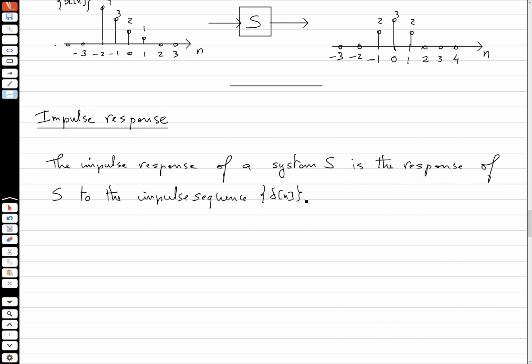You understand it better? What does it mean to say the response of a system to an input? It means the output.